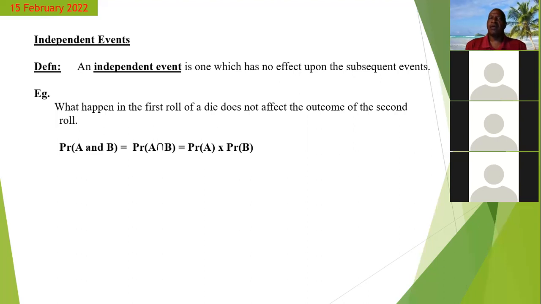It would be 4 out of 10. Now, after that first event, if we are to draw another marble, what would be the probability of getting a red marble? How many of the marbles are red? 6. 6 red marbles. We have 4 blue and 6 red.